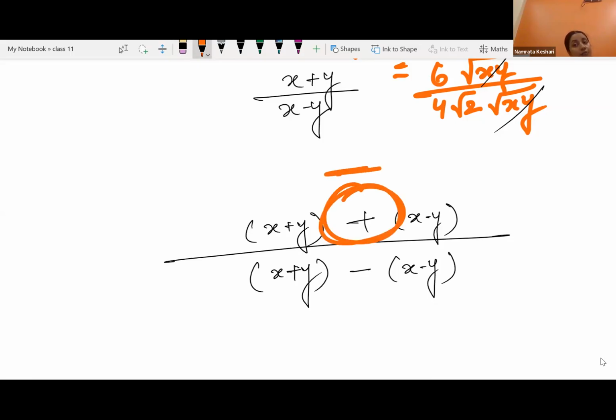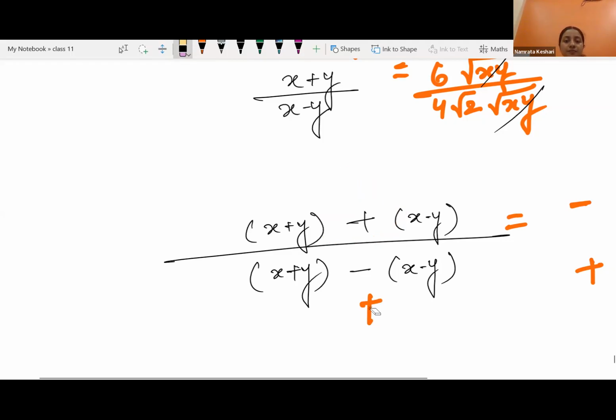But the same thing you have to perform on the other side as well. And here you can add also, but the same sequence you need to follow on the other side as well, so that your equality sign is maintained. Making sense? Yes. Okay, so x plus y plus the denominator, x plus y minus the denominator. On the other side we need to do the same thing carefully. So 6 plus 4 root 2 by 6 minus 4 root 2. Any confusion so far?